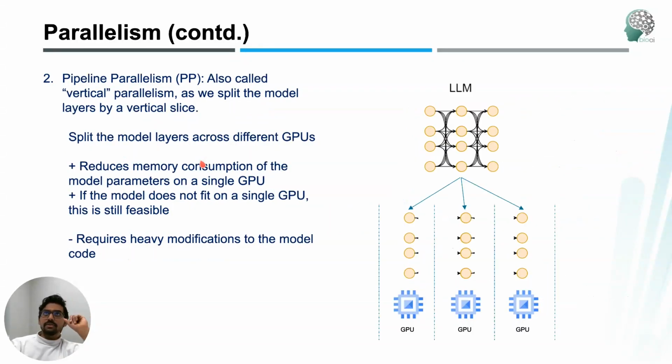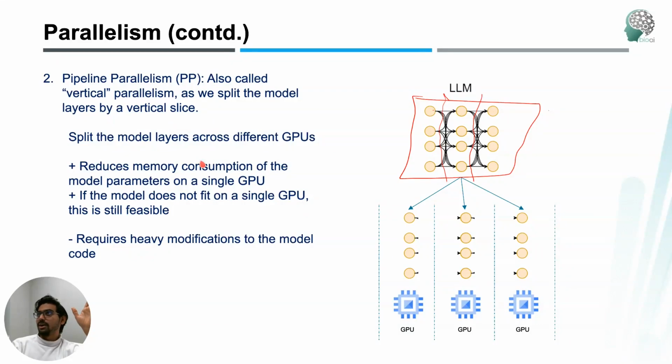So the next thing is pipeline parallelism, and it's also called vertical parallelism because we split the layers by a vertical slice here. How it works is, suppose we had this sort of LLM model with 3 hidden layers. We'll just basically put a cut.